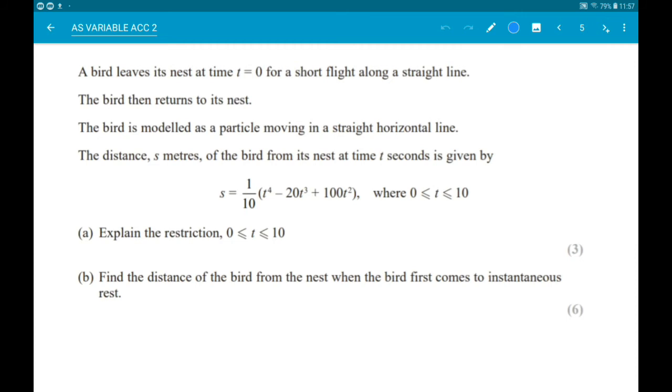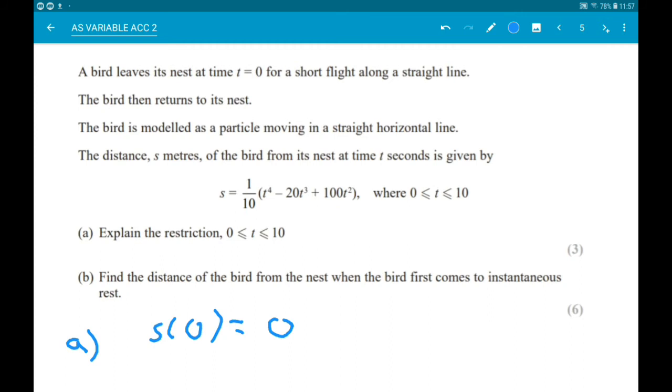So, if we do that, we get s of 0 is 0. Now really, we knew that because the bird starts at its nest.